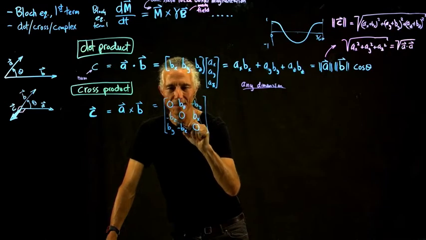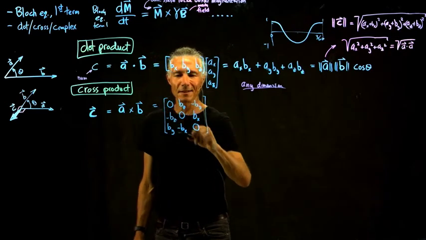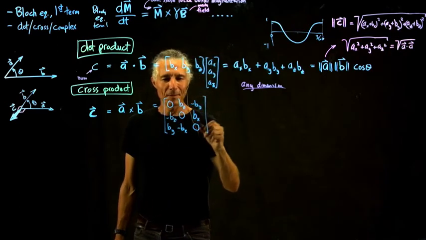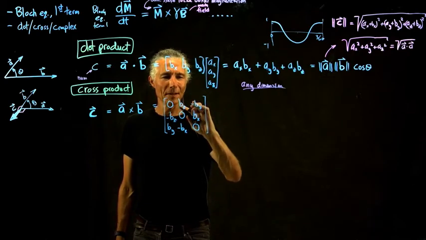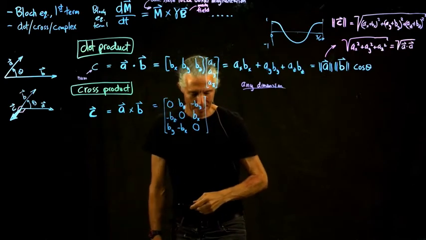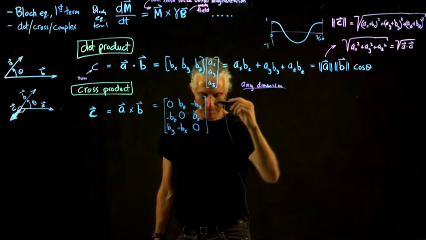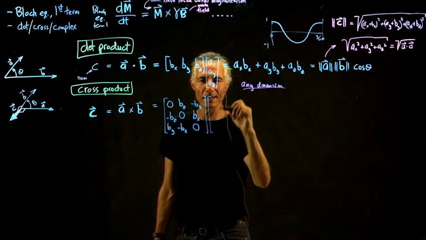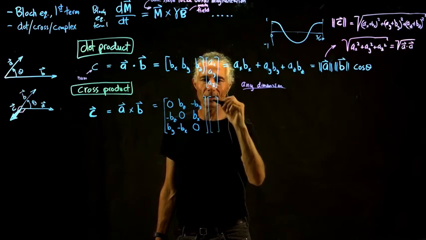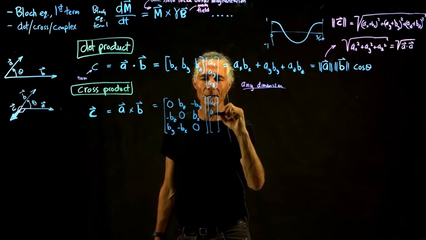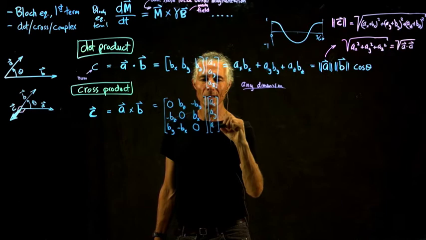I made a mistake. Okay. So there's BZ there and BX minus BX and BY minus BY. Okay, so that's this weird matrix, and then this is multiplied by our vector AX, AY, AZ.